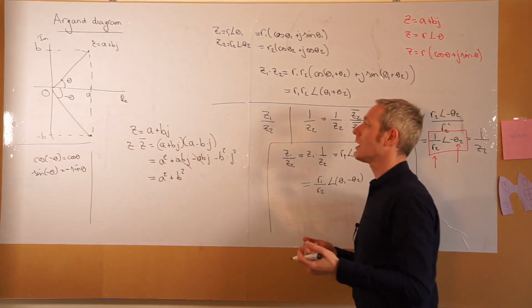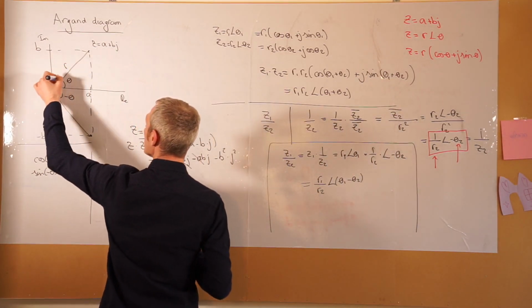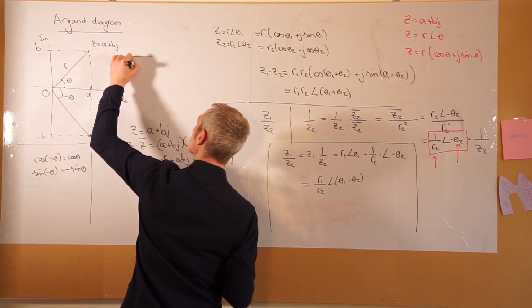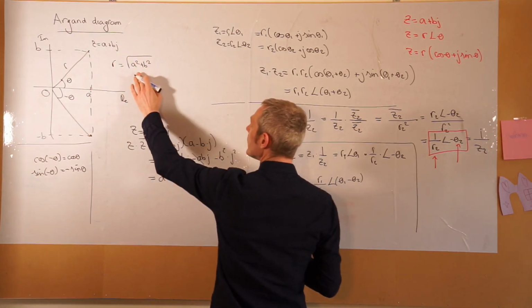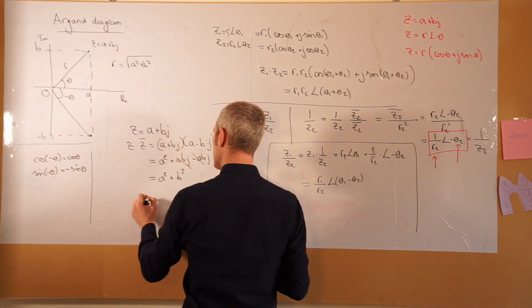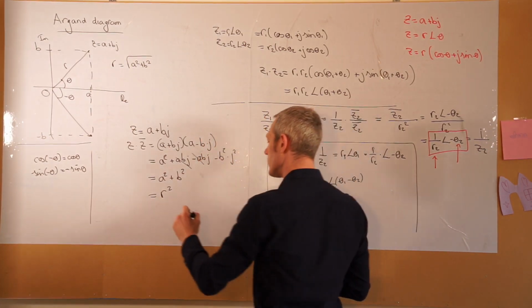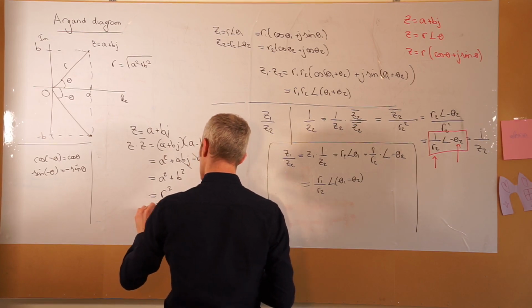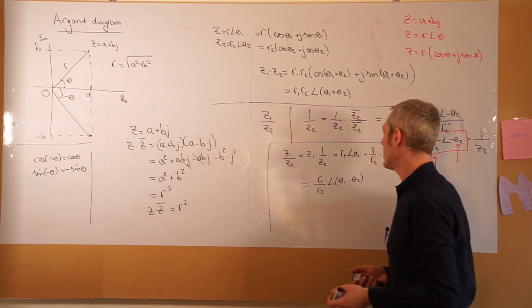Now, if we want to calculate the modulus, this length using Pythagoras is the square root of a squared plus b squared. So if we were to square this expression, we would get the modulus squared. So we use that z times its complex conjugate is equal to the modulus squared.